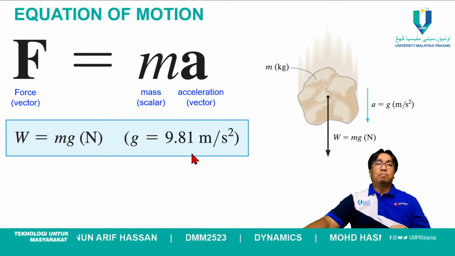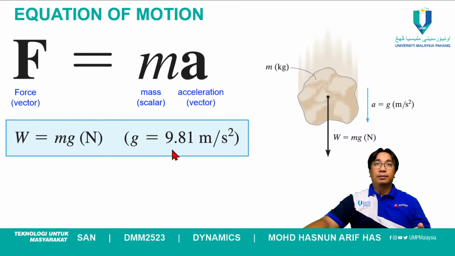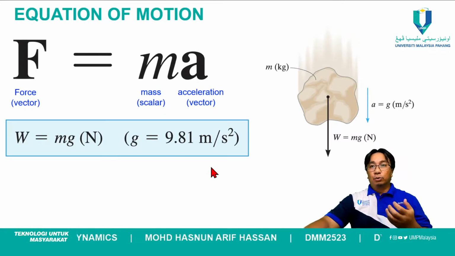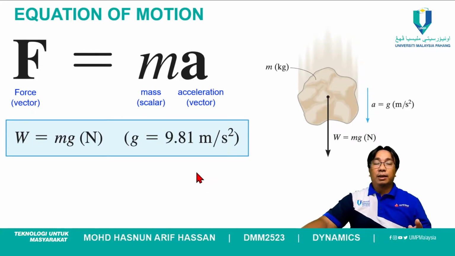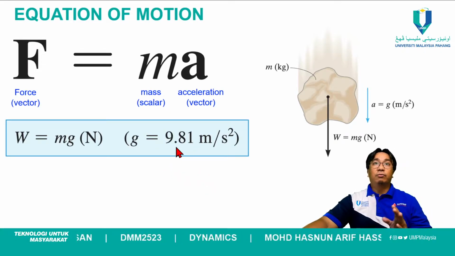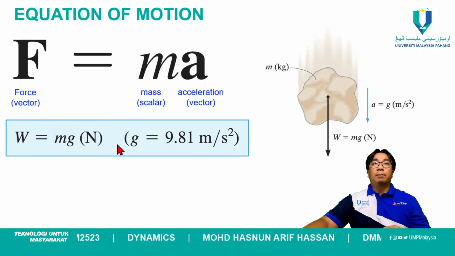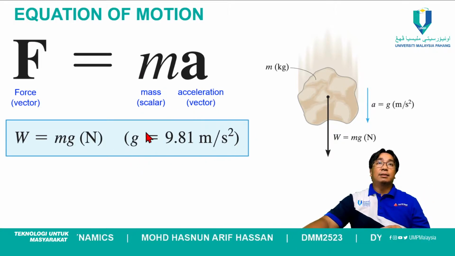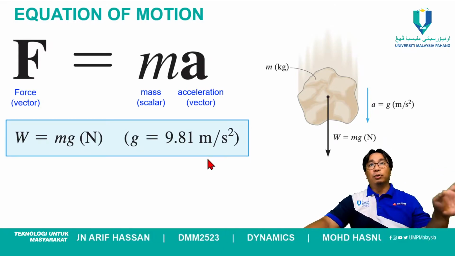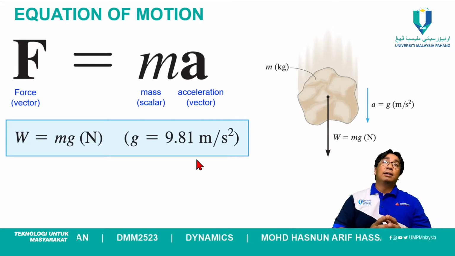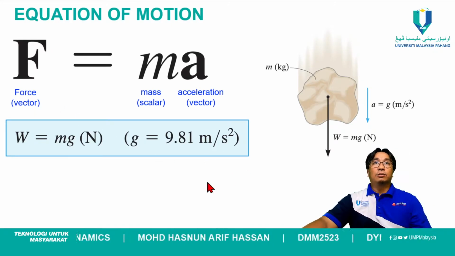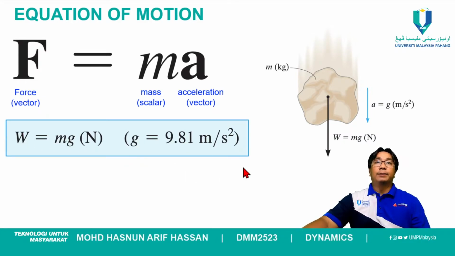This is an estimation, tapi it is a good enough approximation lah, although the exact value differs from one place to another, tapi kita boleh generalize the gravitational acceleration throughout the whole world on earth as 9.81 meter per second square. So this is the weight.